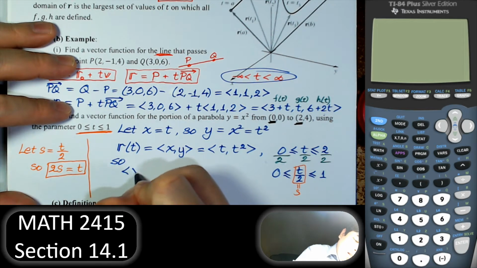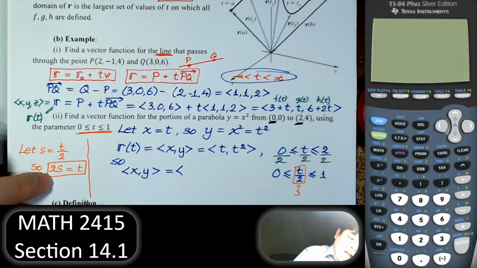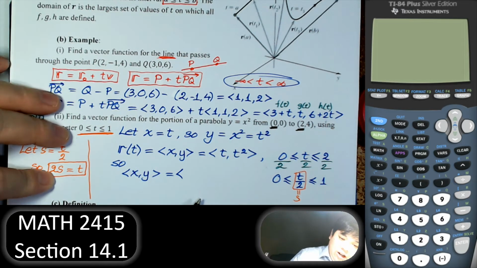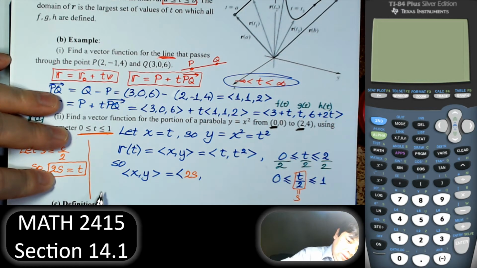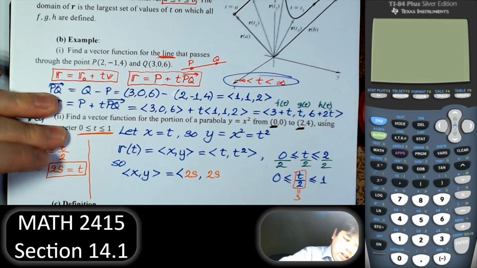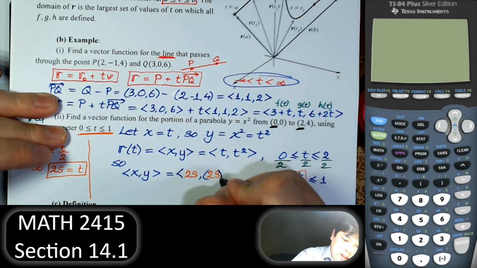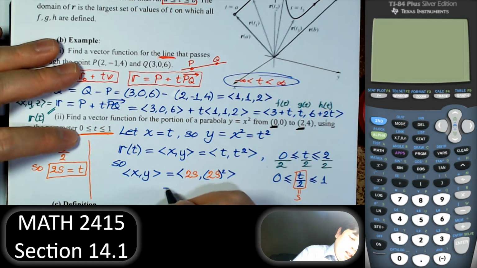So we have x and y. t is equal to 2s, right? And t squared is 2s squared. So that gives us 2s and 4s squared.